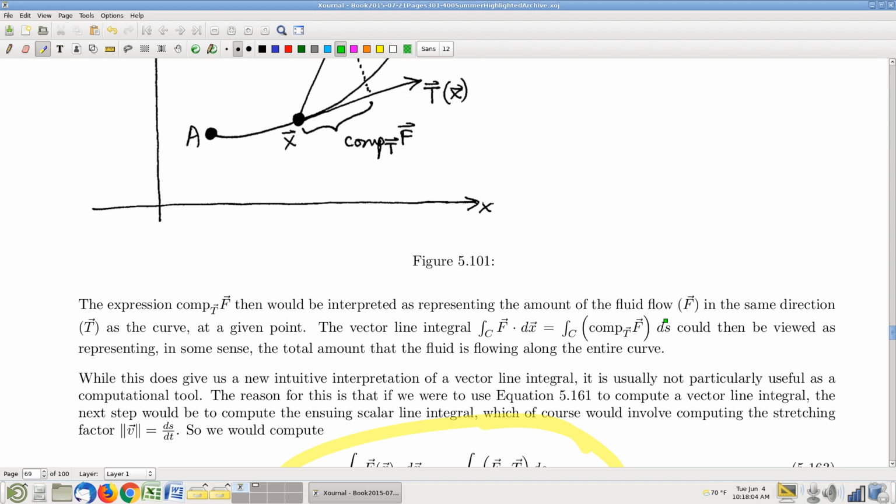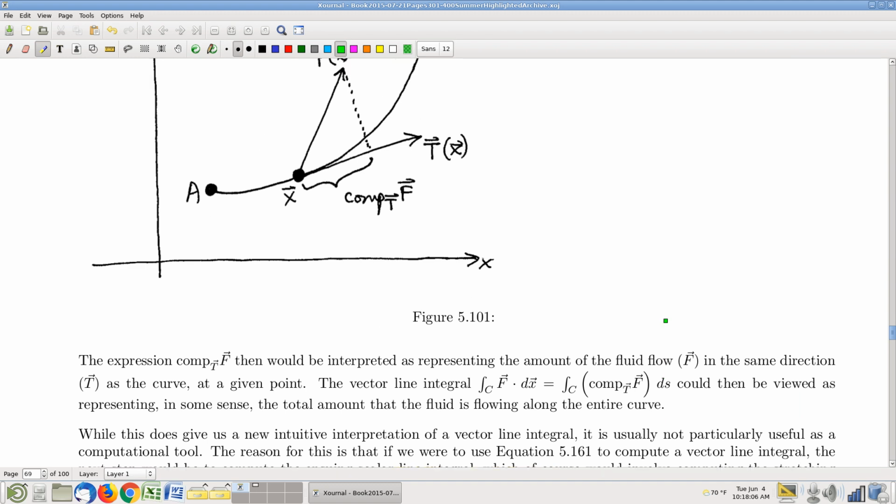Then what we're looking at is to what extent that fluid is flowing along the curve, as opposed to in a different direction than the curve. That's what that component is. To what extent is the fluid flowing along the curve? And we're adding that up along the entire curve, in a sense.